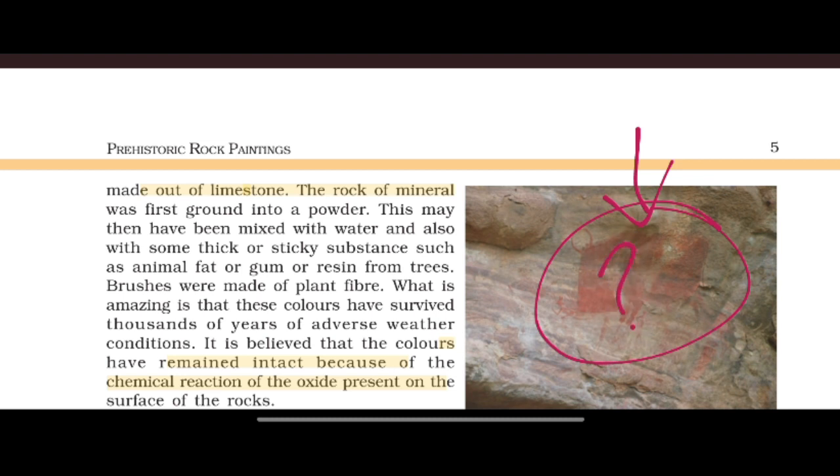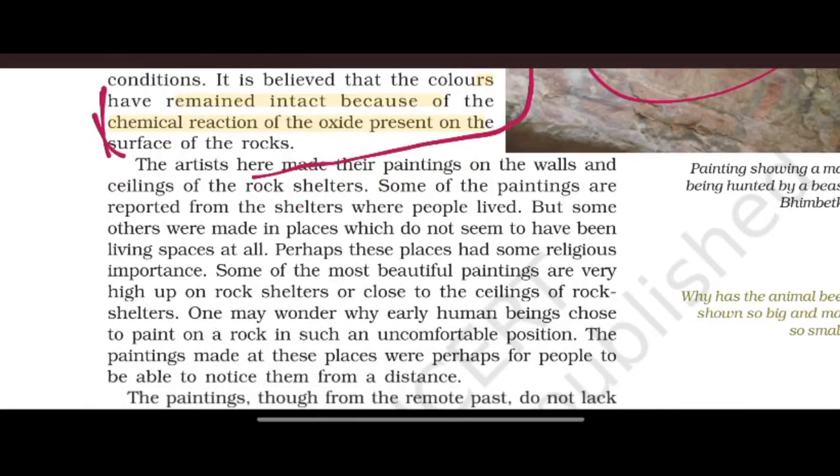These are surviving because the colors have remained intact, and the reason behind it is that there might be a chemical reaction with oxides, the chemical reaction of the oxide present on the surface of the rock. This is the reason. Okay, let's move forward.